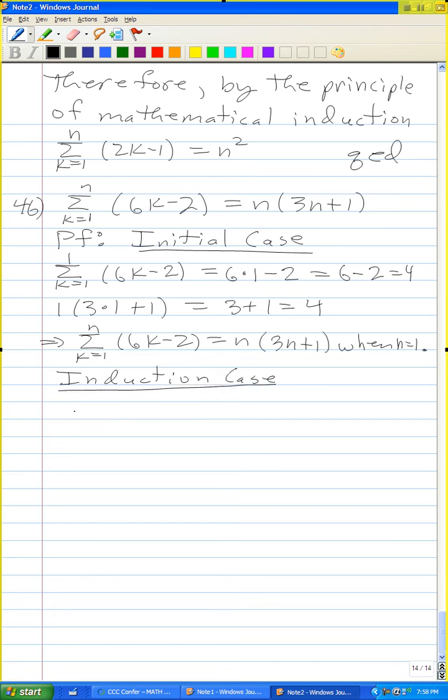Let's suppose that the sum of the first n terms, the formula works. And so let's suppose that this formula works for the nth term. Let's try to show that it works now for the n plus first term.